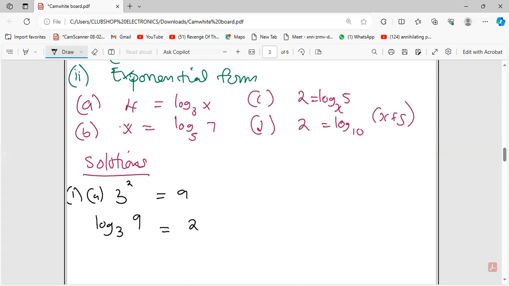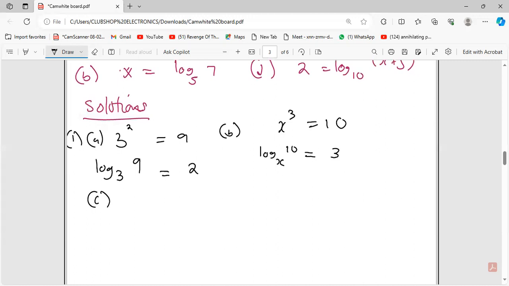So it's log base 3 of 9 is equal to 2, right? Then we have got x to the power 3 is equal to 10. Again, you start with the log of the base x, then the equal sign, you put the power 3, then here put 10. All right, that's it.